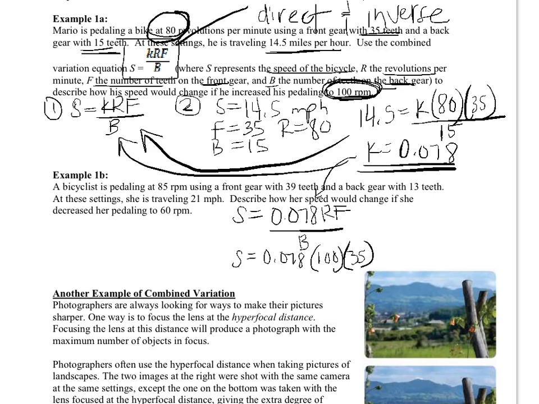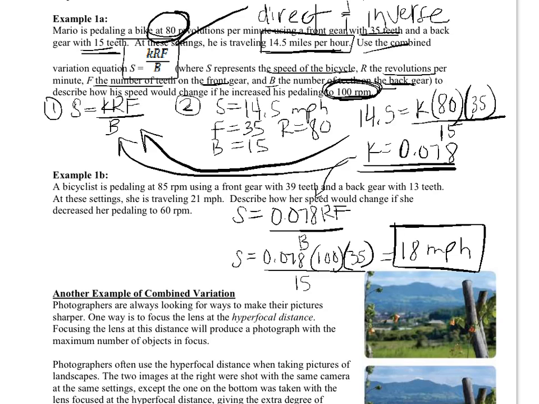We still have the same bicycle. And the back teeth didn't change. We still have 15 teeth on that back gear. So our speed is 18 miles per hour. So we went from a 14.5 mile per hour speed to an 18 mile per hour speed when he increased his pedaling to 100 RPMs.